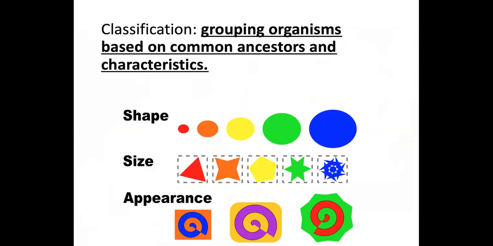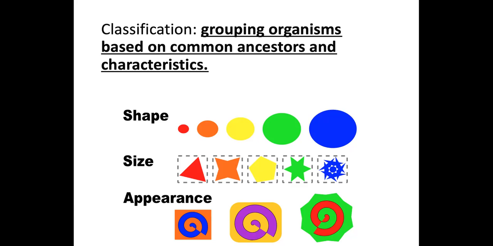So what exactly is classification? Classification is grouping organisms based on common ancestors and characteristics. Some ways that we might classify things are based on size, shape, appearance, color. I like to be super organized, and in my closet, for example, I organize things by what it is.